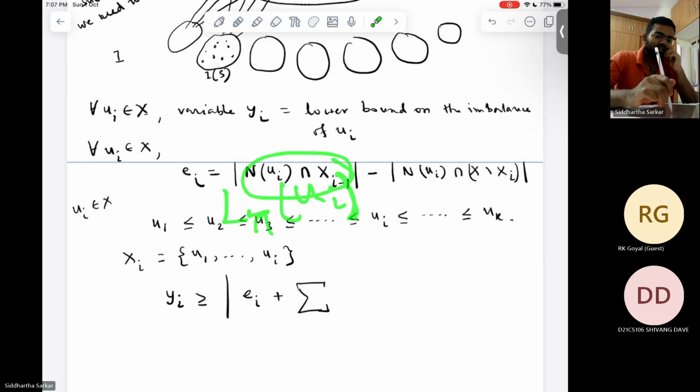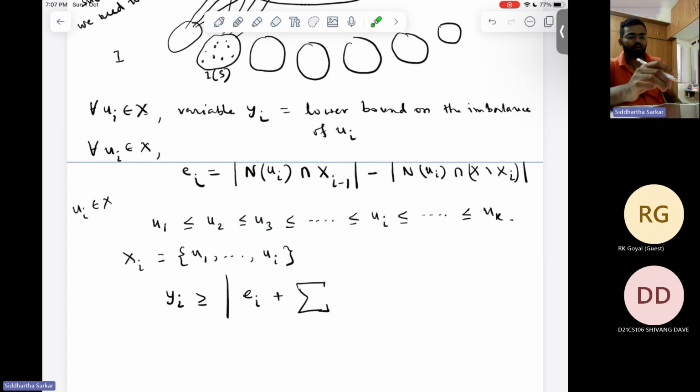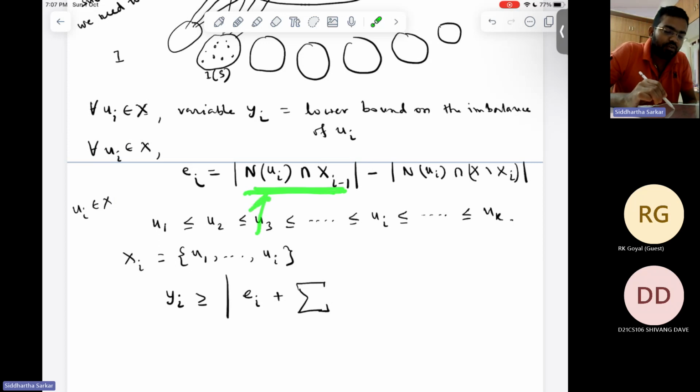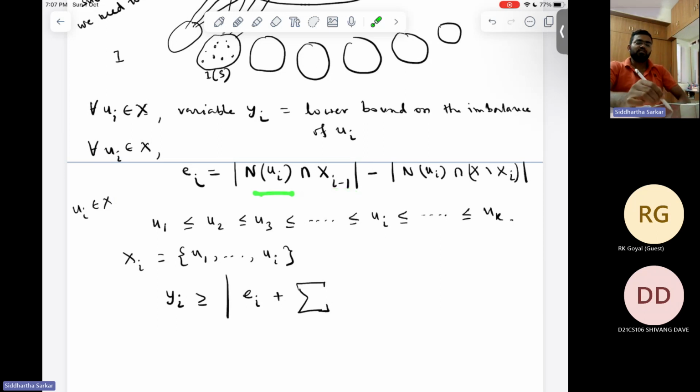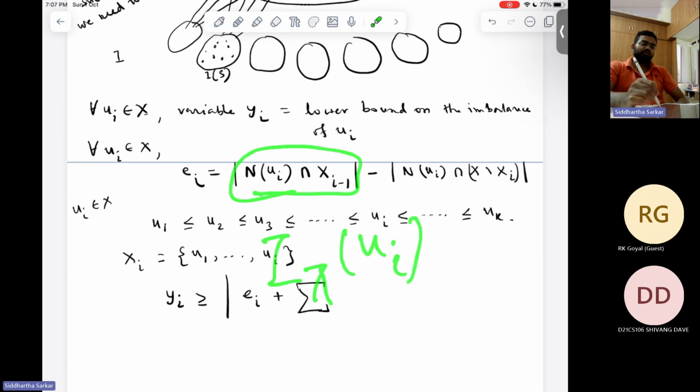L of ui is this thing plus the imbalance which is coming due to the vertices outside of X. But due to the vertices which are inside the vertex cover, what is the imbalance of ui? That is the reason we have taken X sub i minus 1. So this is L of the vertex ui with respect to pi, but only partially, due to the vertices that are in the vertex cover X.